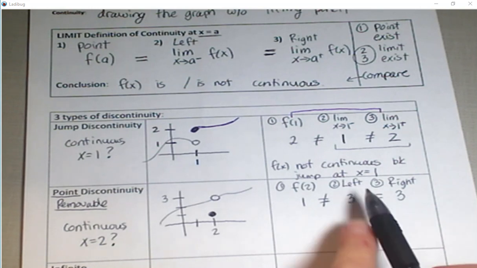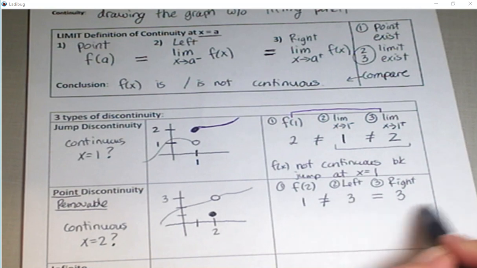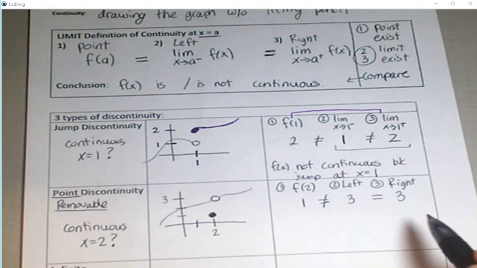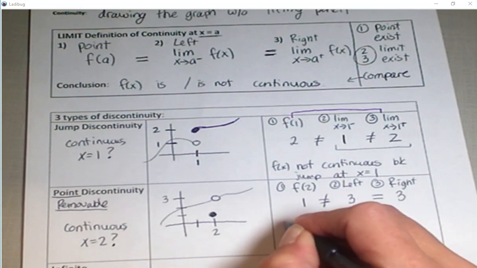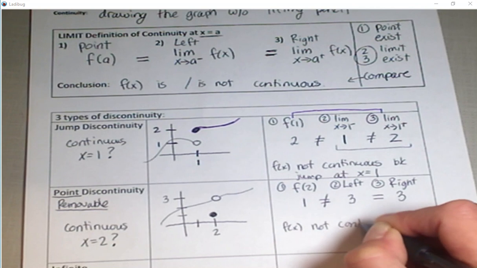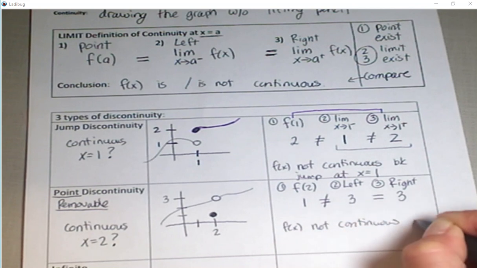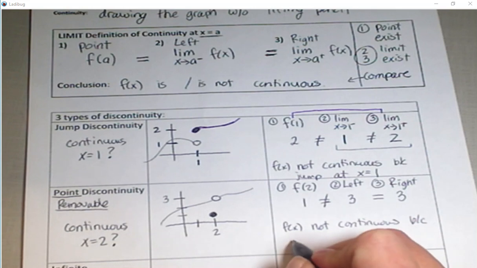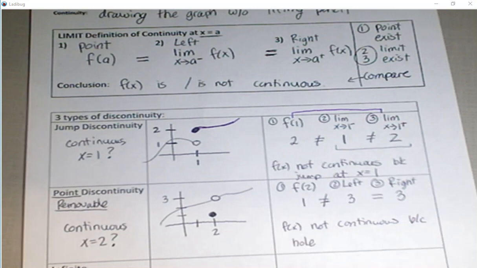So if the left and the right are the same, but the point is somewhere else, then f of x is not continuous because there is a hole.